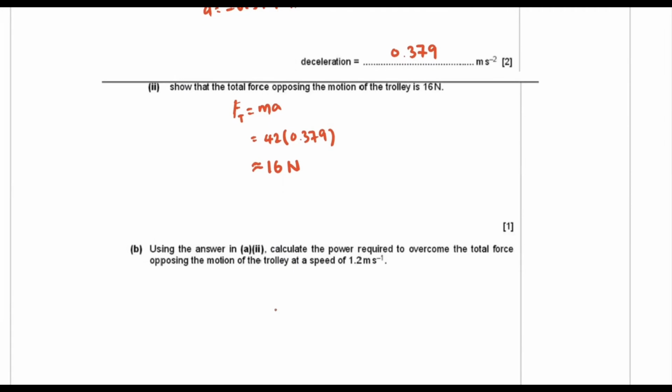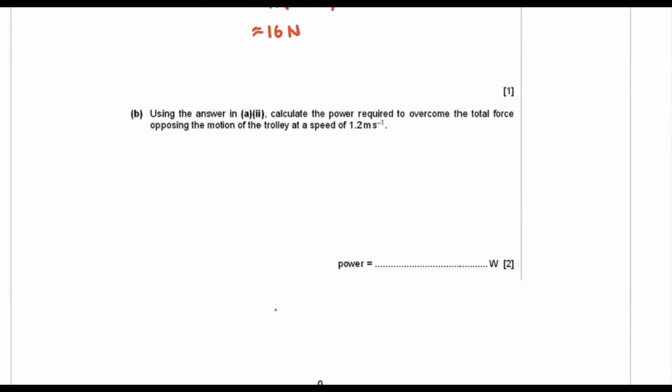Okay, and look at B. Using the answer in A part 2, calculate the power required to overcome the total force opposing the motions of the trolley at the speed of 1.2 meter per second.